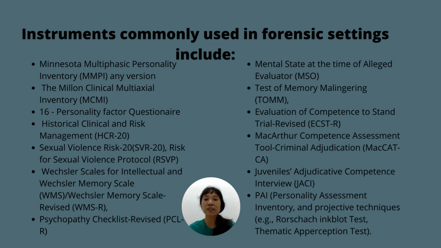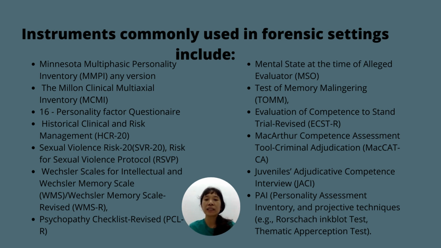the Test of Memory Malingering, or TOMM, and the Evaluation of Competence to Stand Trial-Revised, or ECST-R, the MacArthur Competence Assessment Tool-Criminal Adjudication, or MacCAT-CA, and the Juvenile Adjudicative Competence Interview, or JACI, and the Personality Assessment Inventory, or PAI, and projective techniques.